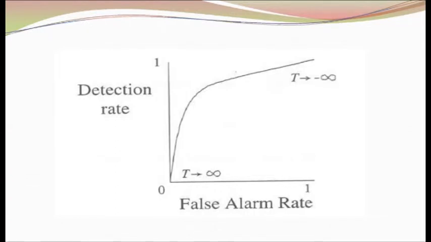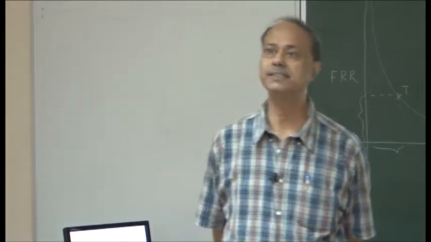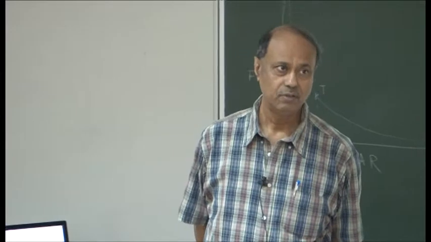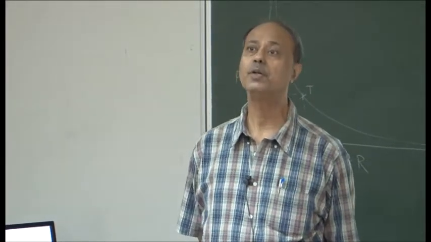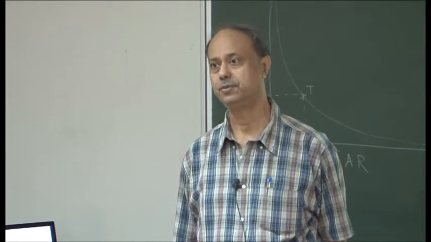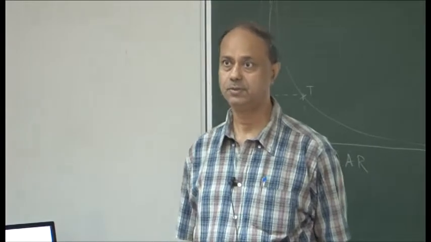Now, if I give you a 10 cross 10 matching score table, can you draw FAR versus FRR for some suitable threshold? Obviously, you have to decide what should be my threshold.